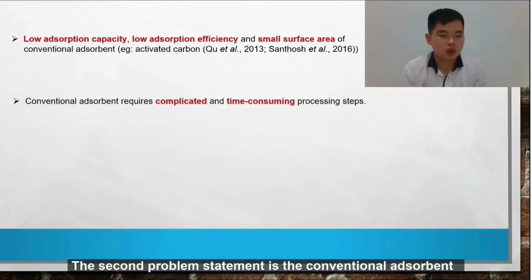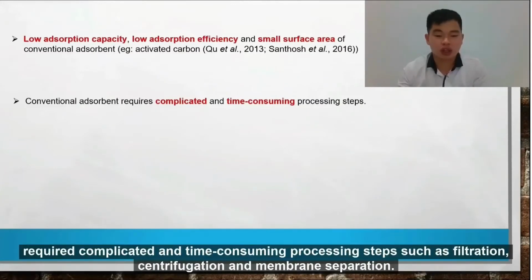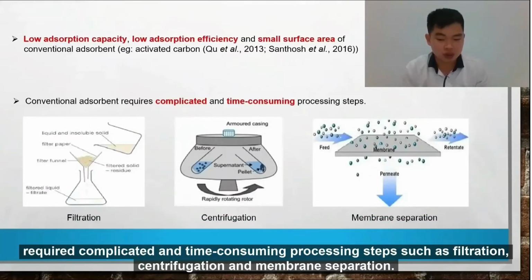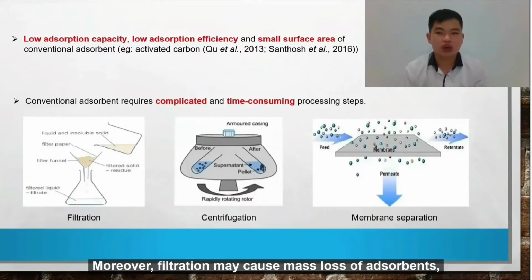The second following statement is that conventional adsorbents require complicated and time-consuming processing steps such as filtration, centrifugation, and membrane separation. Moreover, filtration may cause mass loss of the adsorbent.